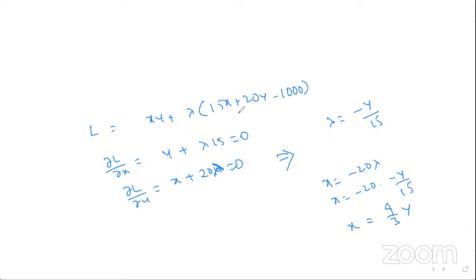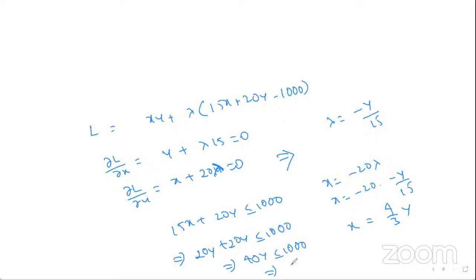Now the constraint which we have: 15x plus 20y is less than or equal to 1000. If we replace x with 4 by 3 y, 15 into 4 by 3 gives 20y, plus 20y is less than or equal to 1000. Which means 40y should be less than or equal to 1000.